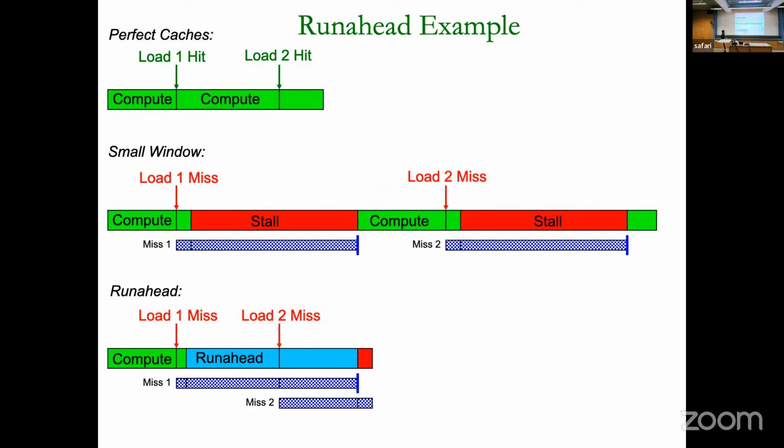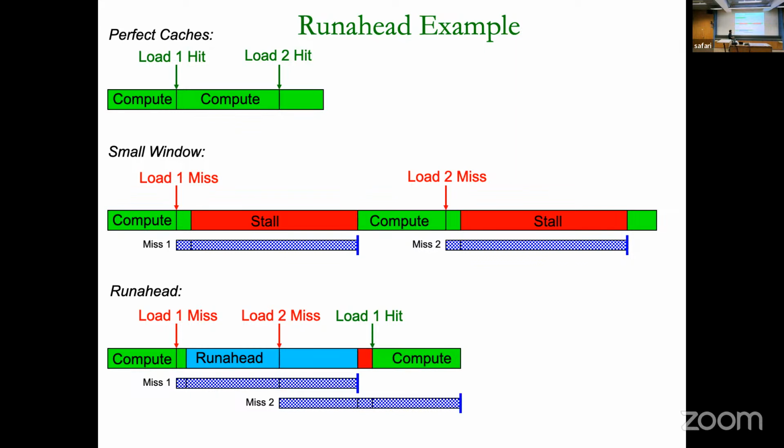Once this miss returns, you have to stall for some time. You have made a checkpoint here. You have to flush everything, and that's the stall time, when the processor is flushing everything and restoring the checkpoint. Once the checkpoint is restored, you re-execute this load one, and by this time load one is hitting. So you can go ahead and do the compute.